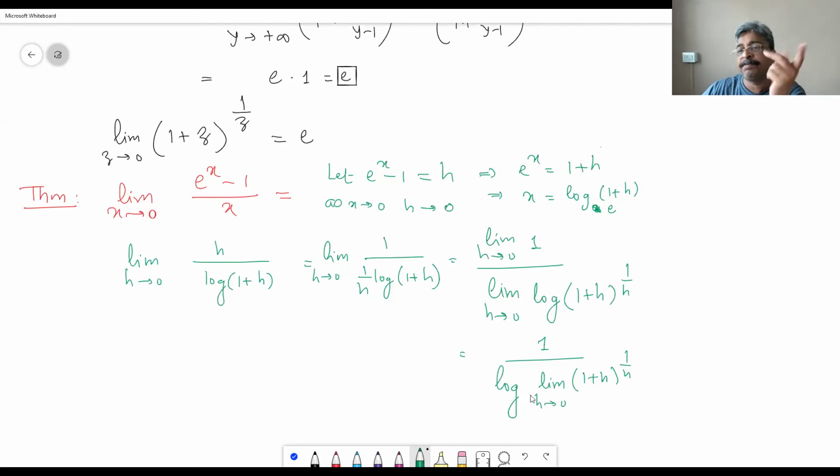Log and limit are flipped because they are continuous. Therefore, 1 upon log of e to the base e is equal to 1 upon 1 is equal to 1.